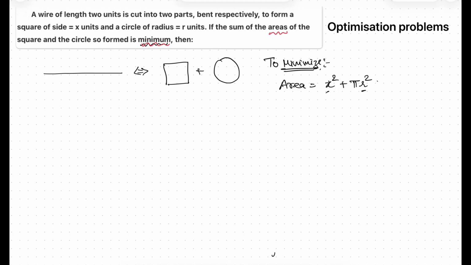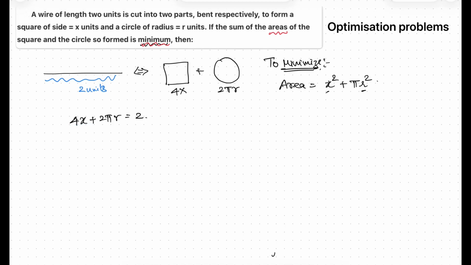They are saying that the length of the wire is 2 units. So the length of the wire equals the sum of the perimeter of the square and the circumference of the circle, right? So 4x plus 2 pi r gives me 2.